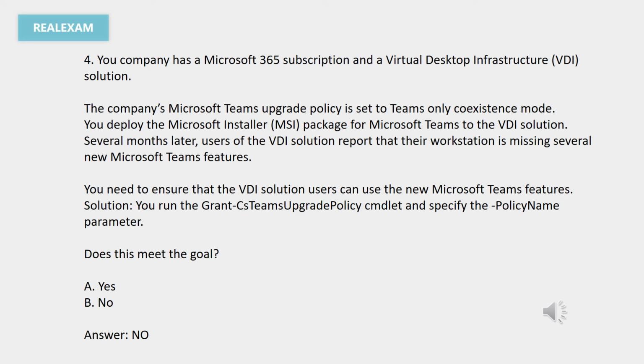You need to ensure that the VDI solution users can use the new Microsoft Teams features. Solution. You run the Grant-CsTeamsUpgradePolicy cmdlet and specify the PolicyName parameter. Does this meet the goal? A. Yes. B. No. Answer. No.